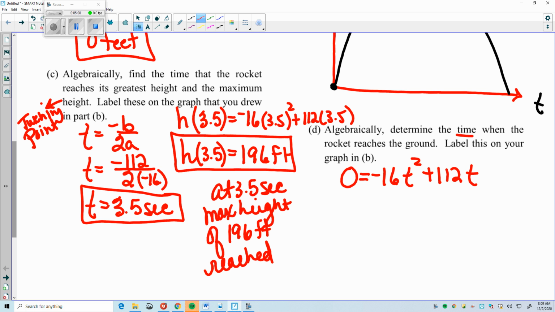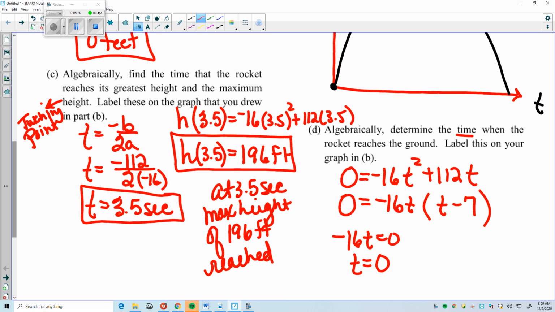Okay, so for something like this, I could factor out a GCF. My GCF on this, I could pull out a negative 16T, and that would leave me with T minus 7. Setting each of these equal to 0 to solve for T, I can find T is going to be 0, which we know because that was our initial start.